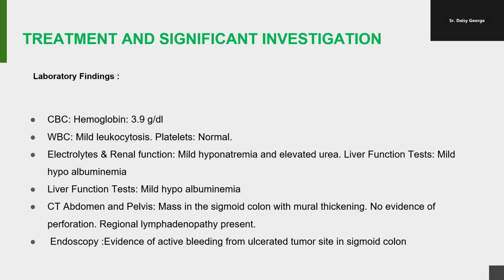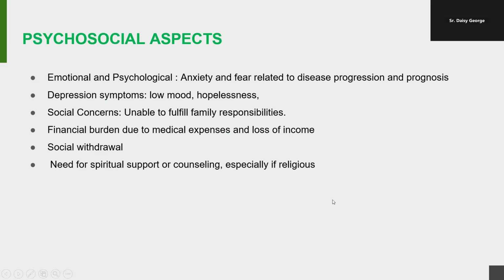CT abdomen and pelvis, mass in the sigmoid colon with mural thickening. No evidence of perforation. Regional lymphadenopathy present. Endoscopy, evidence of active bleeding from ulcerated tumor site in sigmoid colon. Next, please.